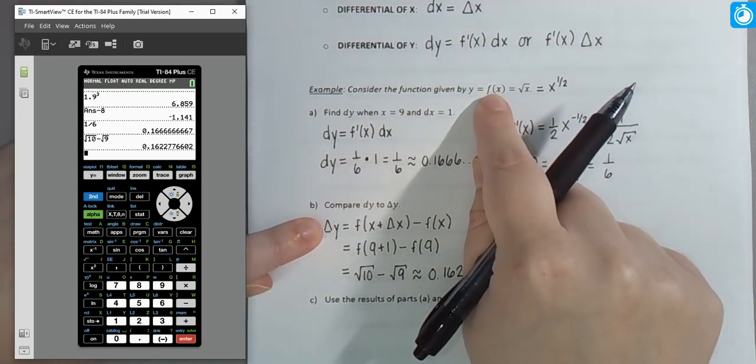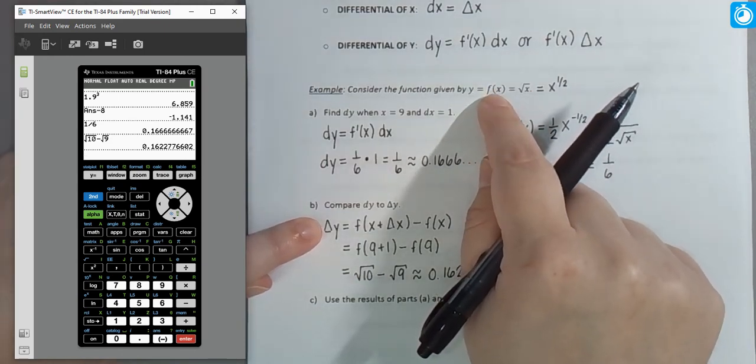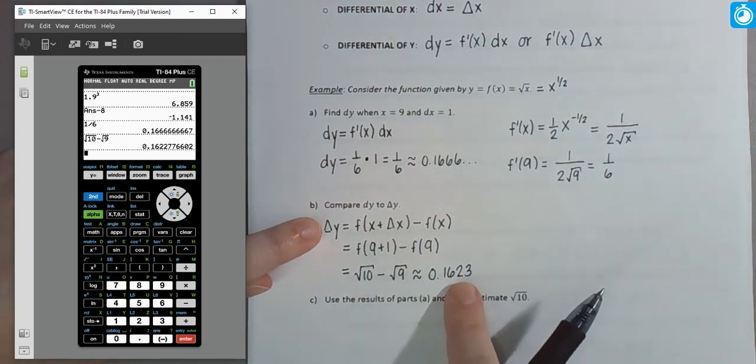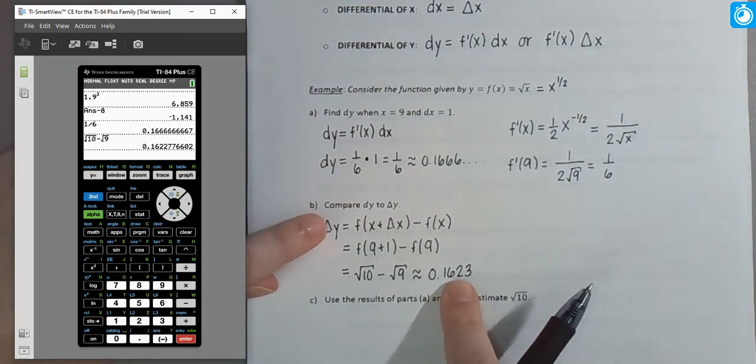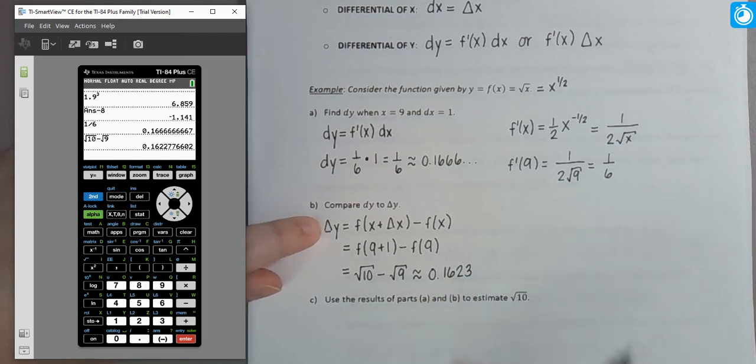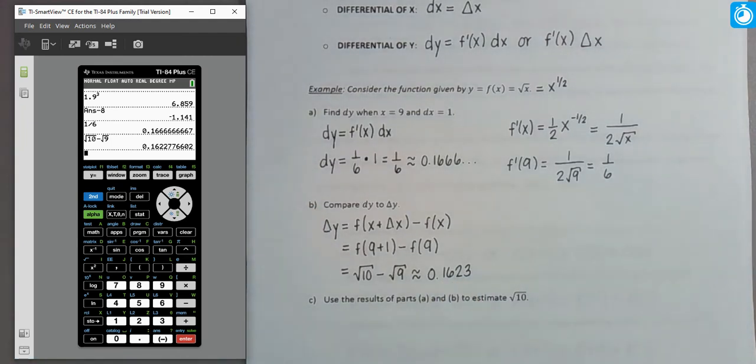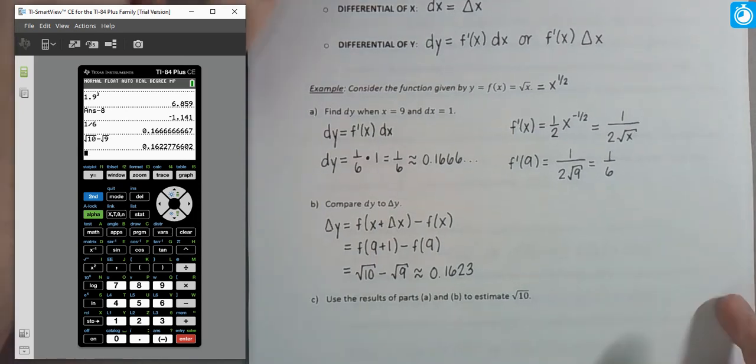We're just looking at function values, comparing one to another, taking the difference between the two. And so if we were to use the definition of change in y using delta and not d, our change is about 0.1623.